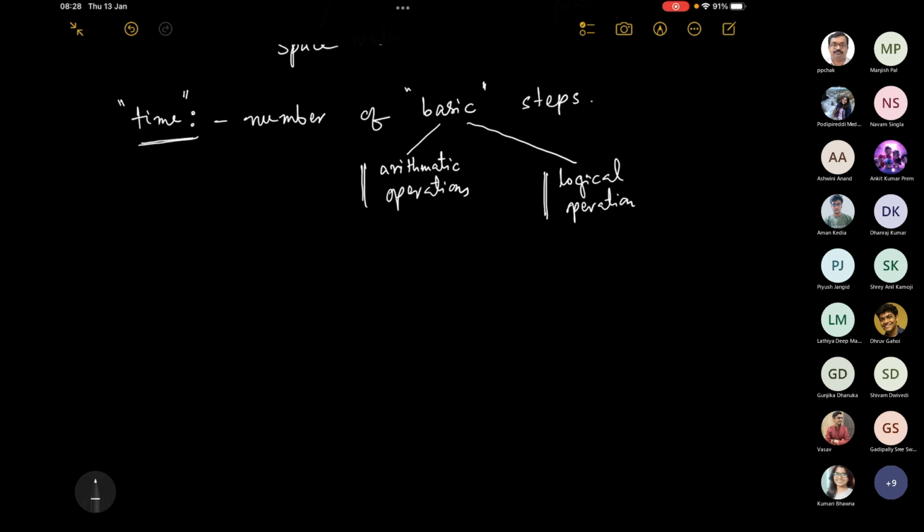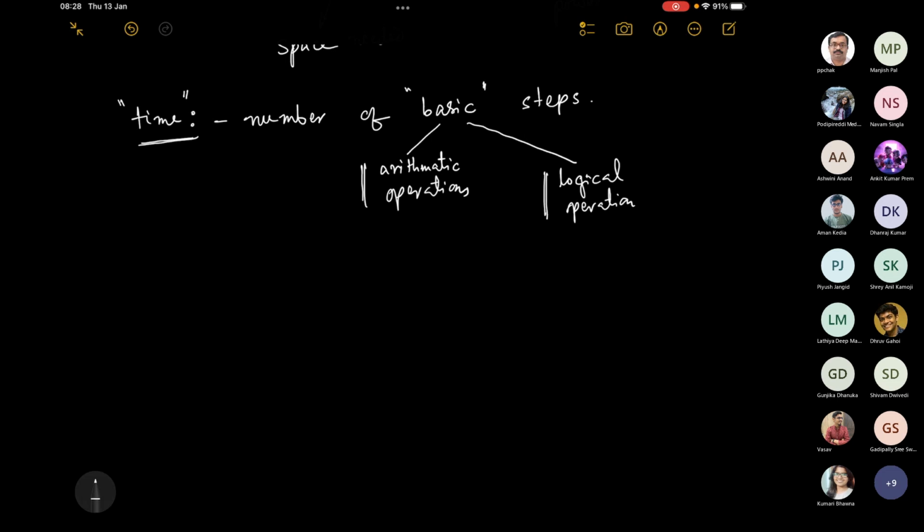Among these basic operations also, there are some operations which take less time, which take more time. Now, by this definition, if we simply define time to mean the number of basic steps, then if an algorithm does 100 additions, and there is another algorithm which does say 99 divisions, division is much harder than addition, and hence it will definitely take more time.